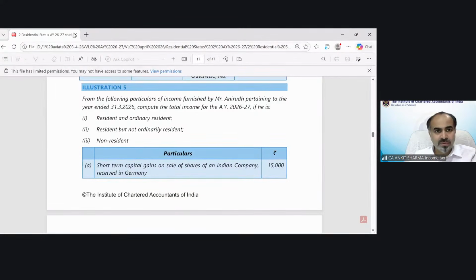Let me open another sheet because in this sheet my cursor is not working.